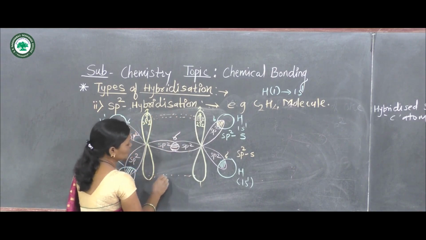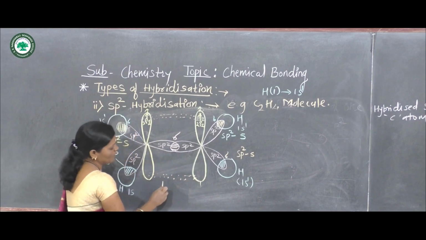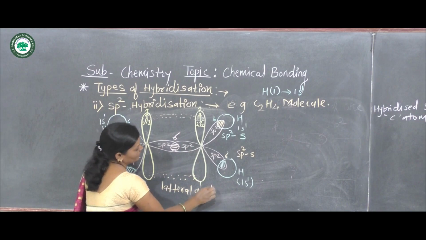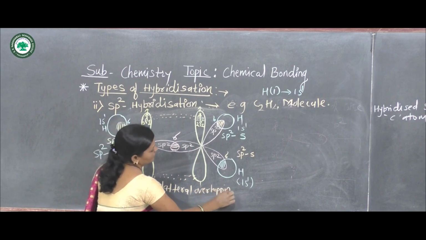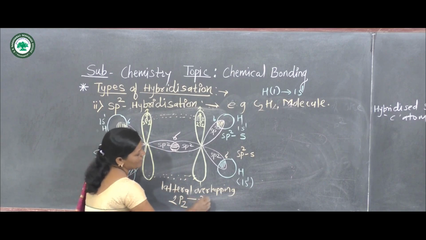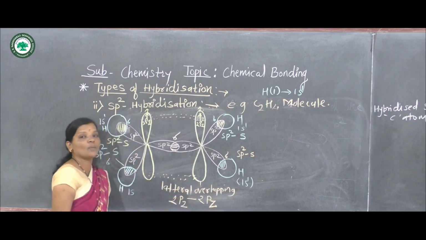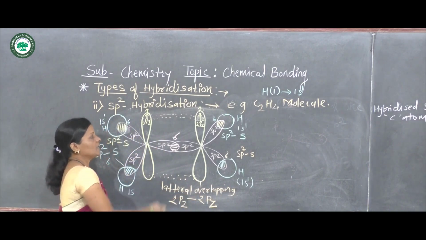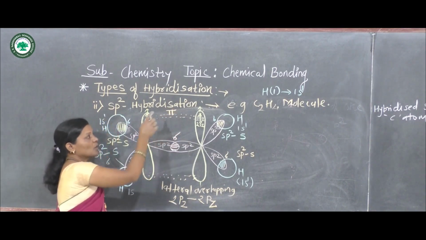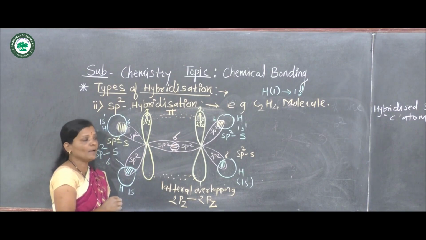Due to this lateral overlapping of the 2pz orbital of the first carbon atom and the 2pz orbital of the second carbon atom, the bond formed is called a pi bond.